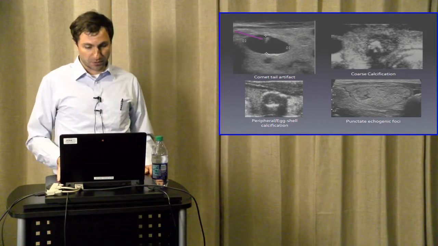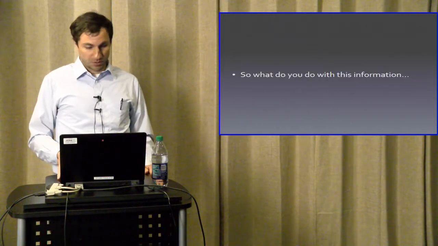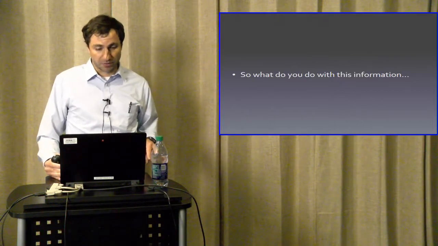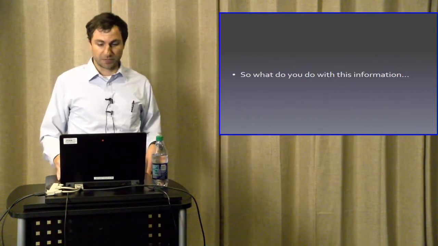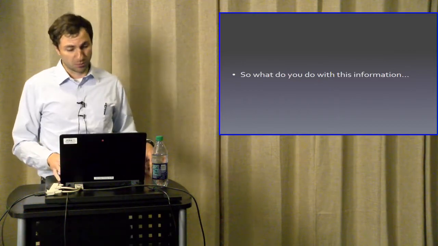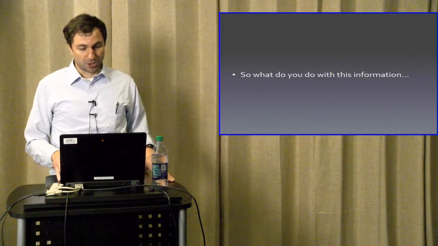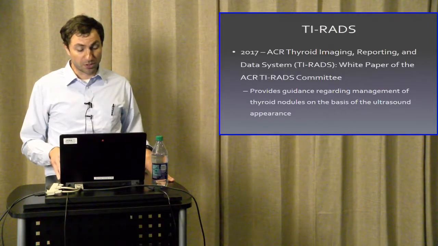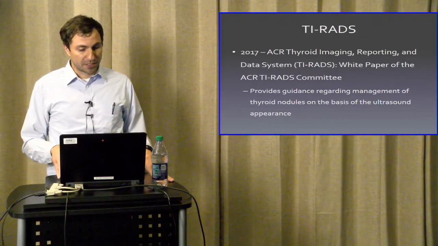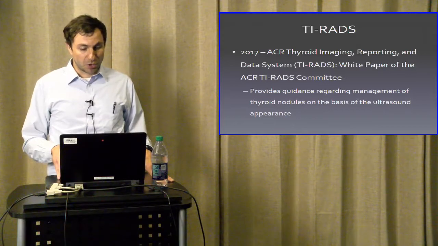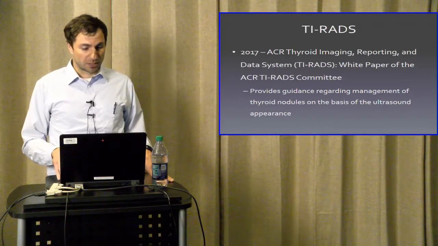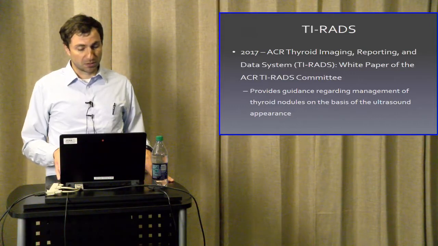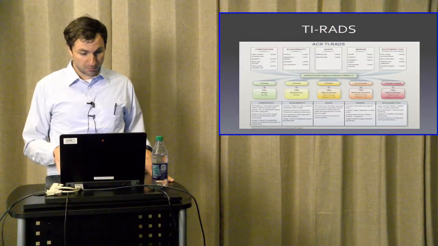All right, so we've talked about who needs thyroid ultrasound, and we've talked about how to classify the nodules that we see with ultrasound, but what do you do as the clinician or the provider with this information? Well, in 2017, the ACR released a new paper which basically outlined a management system based on the TI-RADS lexicon.